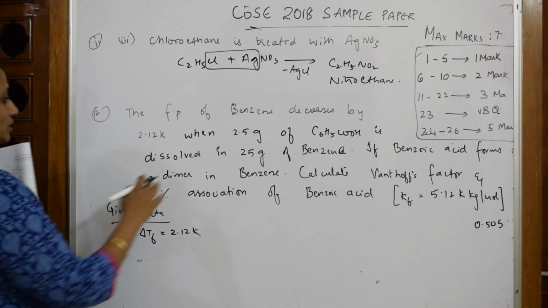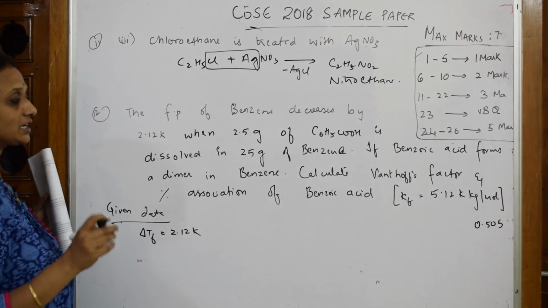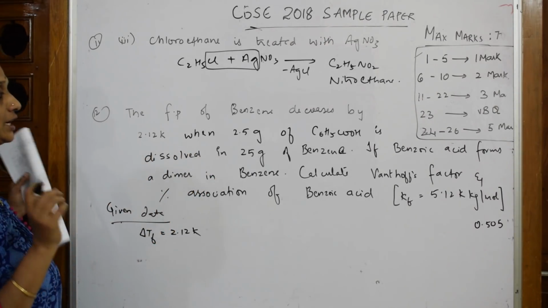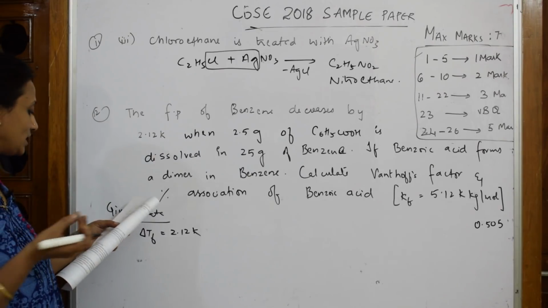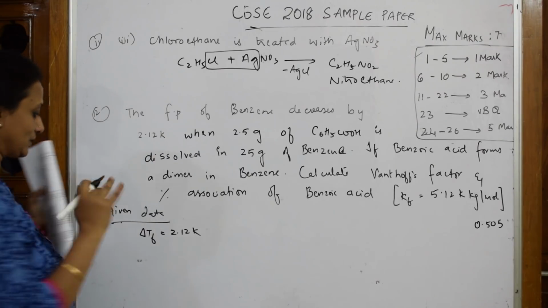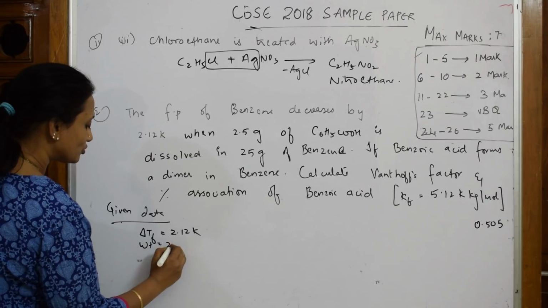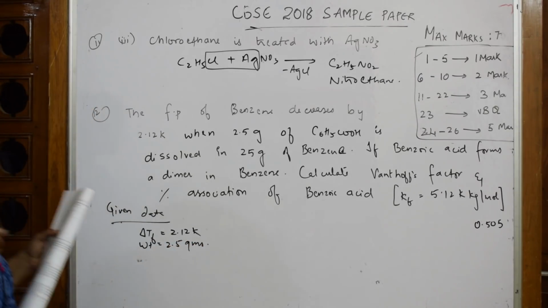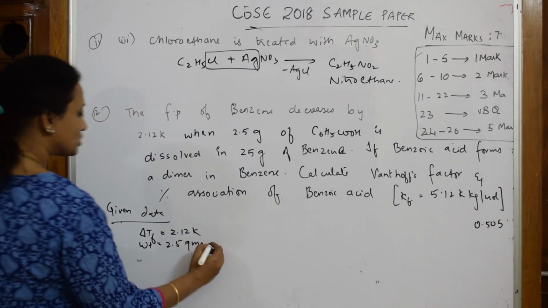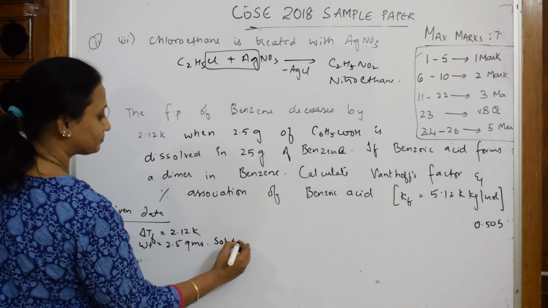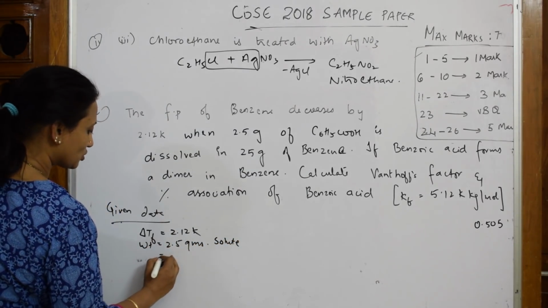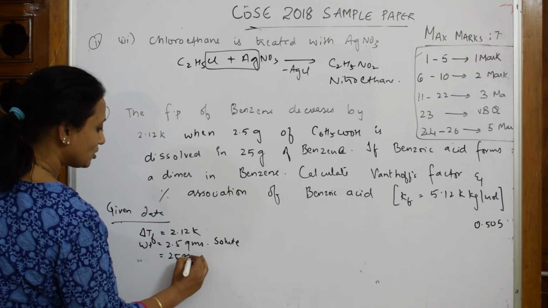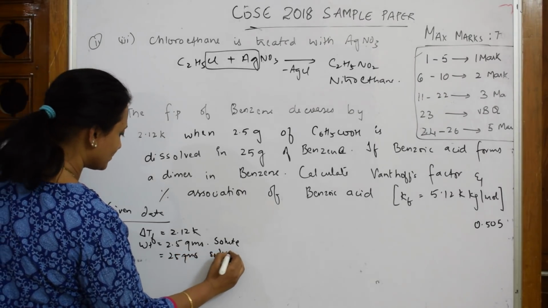They've given you when 2.5 grams of benzoic acid is dissolved in 25 grams of benzene. Okay, they've given me the weight. Weight of solute is 2.5 grams, dissolved in 25 grams of benzene. Solvent is also given.